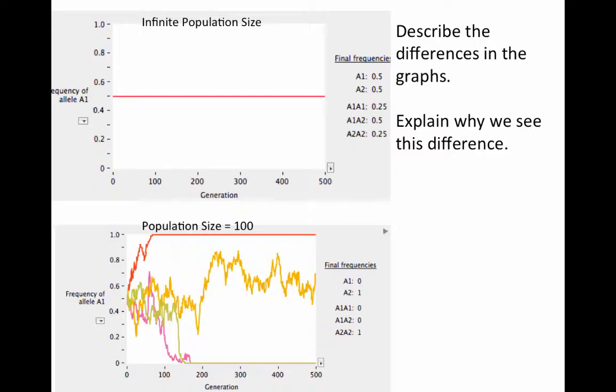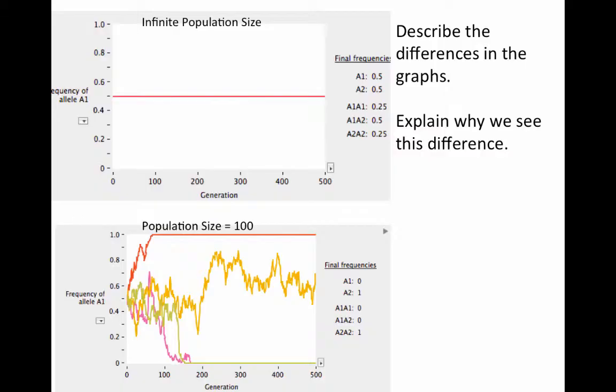And so there are a couple of things you should have already learned about Hardy-Weinberg equilibrium, which describes a non-evolving population, and you should know that the criteria for that are you have to have an infinite population size, you have to have random mating, you have to have no natural selection, you have to have no net mutation, and no immigration or emigration. And we're going to address each of those today.